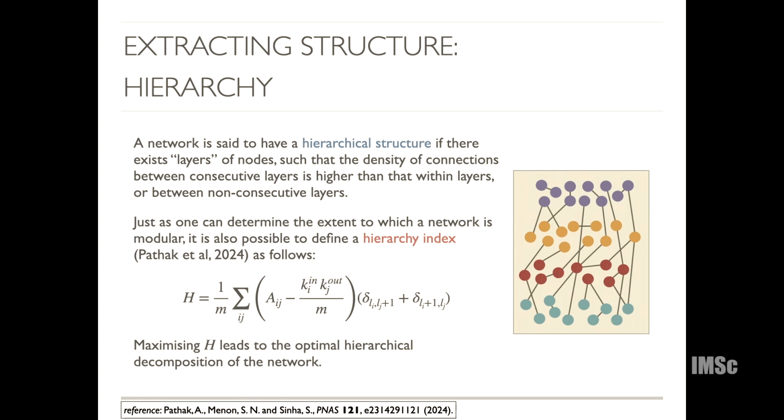By having that constraint, we can once again compute the excess number of links, and this parameter is what we term the hierarchy index, H. So this is very similar to the modularity, except now rather than looking at connections within the group, we are looking at connections between layers, right? And so maximizing H should in principle lead to an optimal hierarchical decomposition of this network if it exists, right?